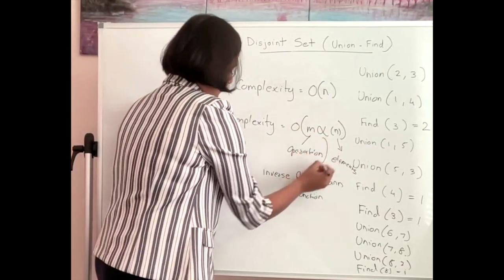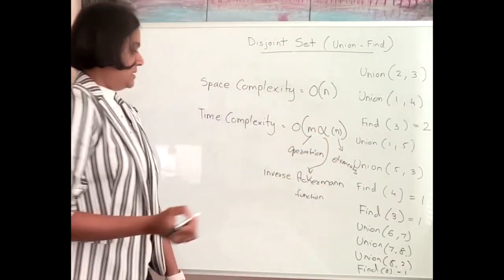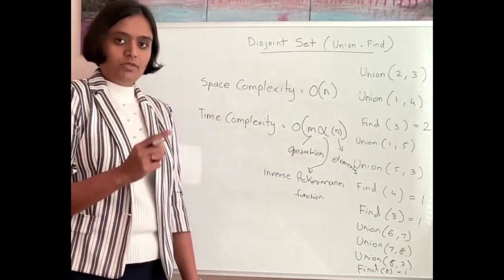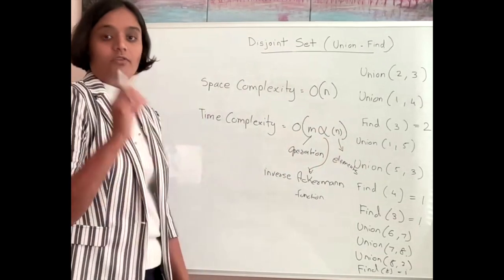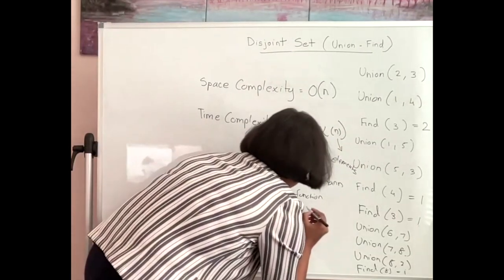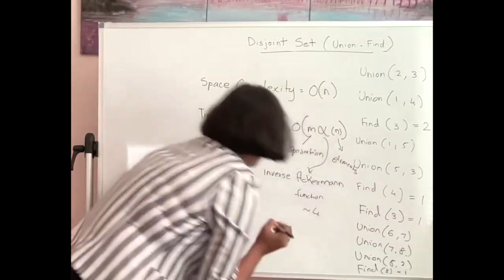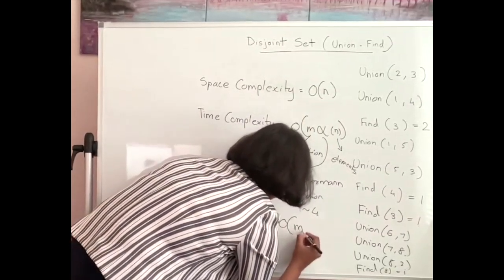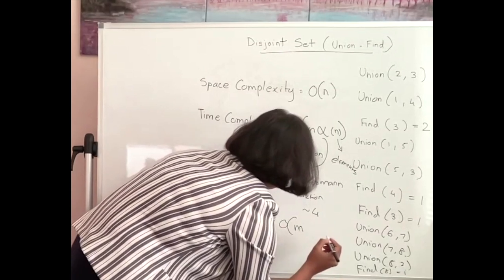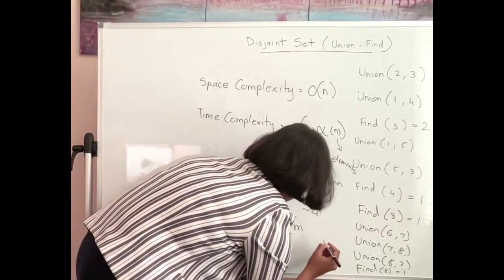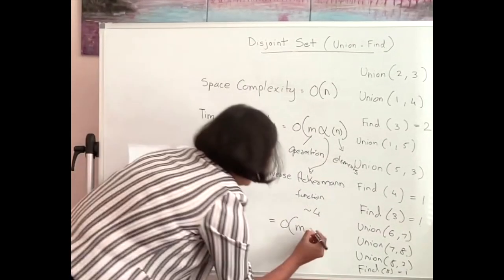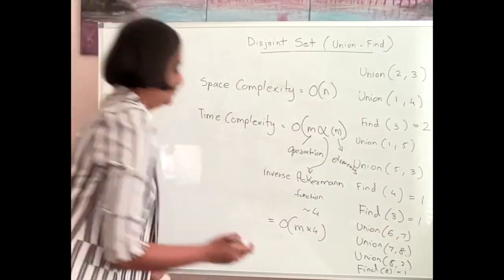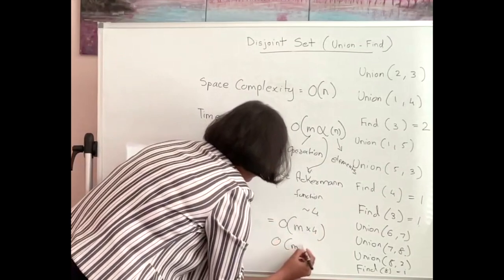What is alpha? Alpha is the inverse Ackermann function, which is a function that grows at a very small rate, almost equivalent to 4. So that makes our time complexity big O of m multiplied by 4, which is nothing but big O of n.